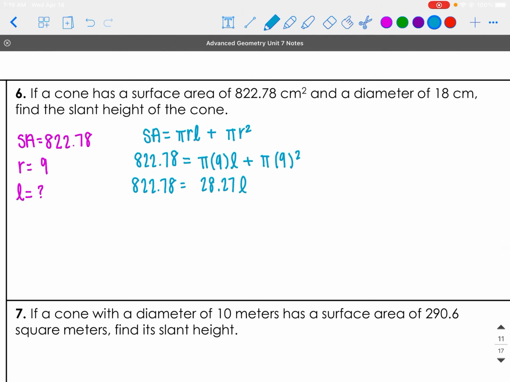28.27 L plus pi times 9 squared, which is 254.47.